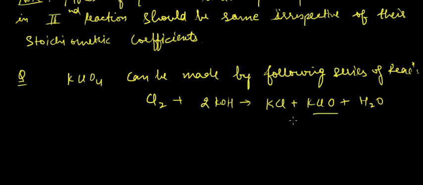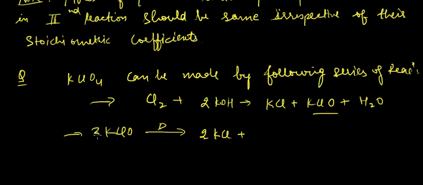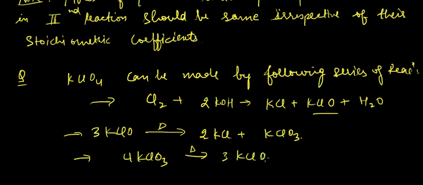Now on heating, this KClO breaks down into 2 moles of KCl plus KClO3. Then 4 moles of KClO3 on heating breaks down into 3 moles of KClO4 plus KCl.